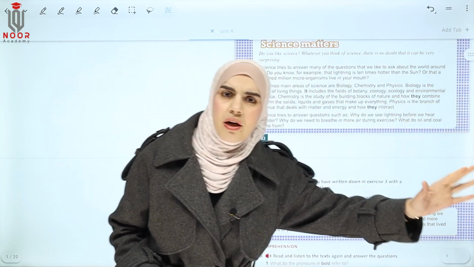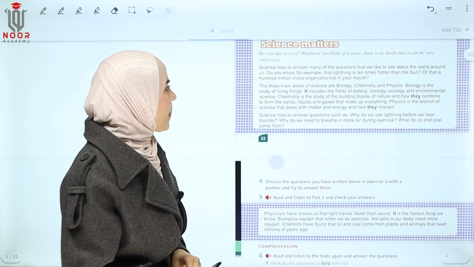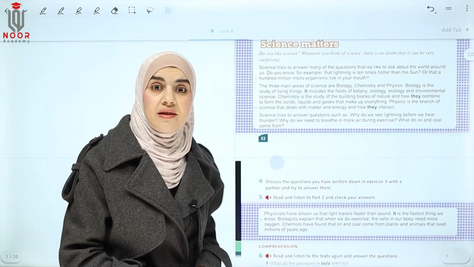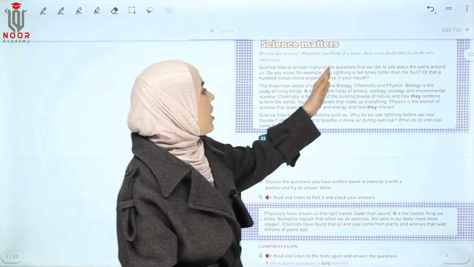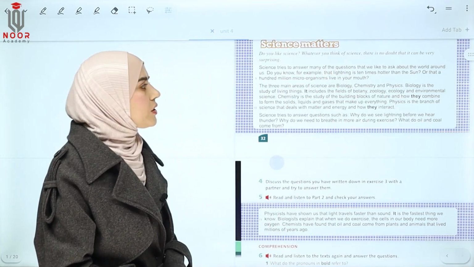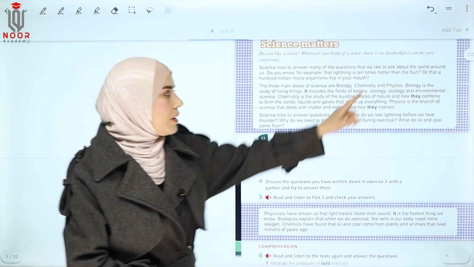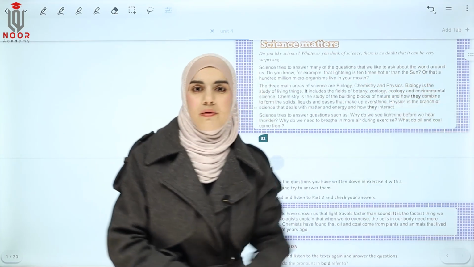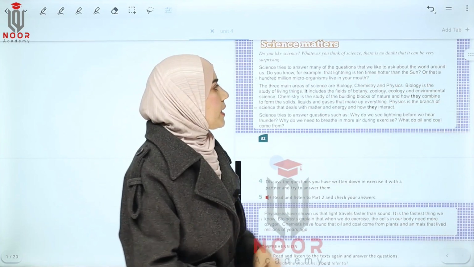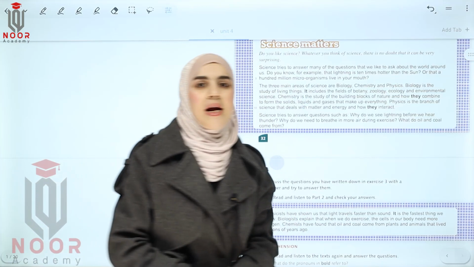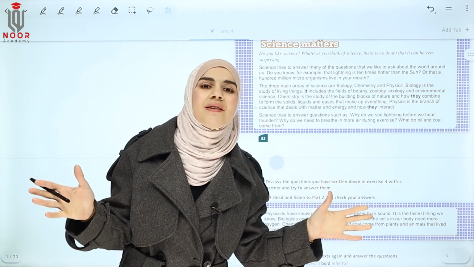So if I want to underline the topic sentence here, science tries to answer many of the questions that we like to ask about the world around us. Focus on the word here, the world. So to ask about the world around us, it's very general.